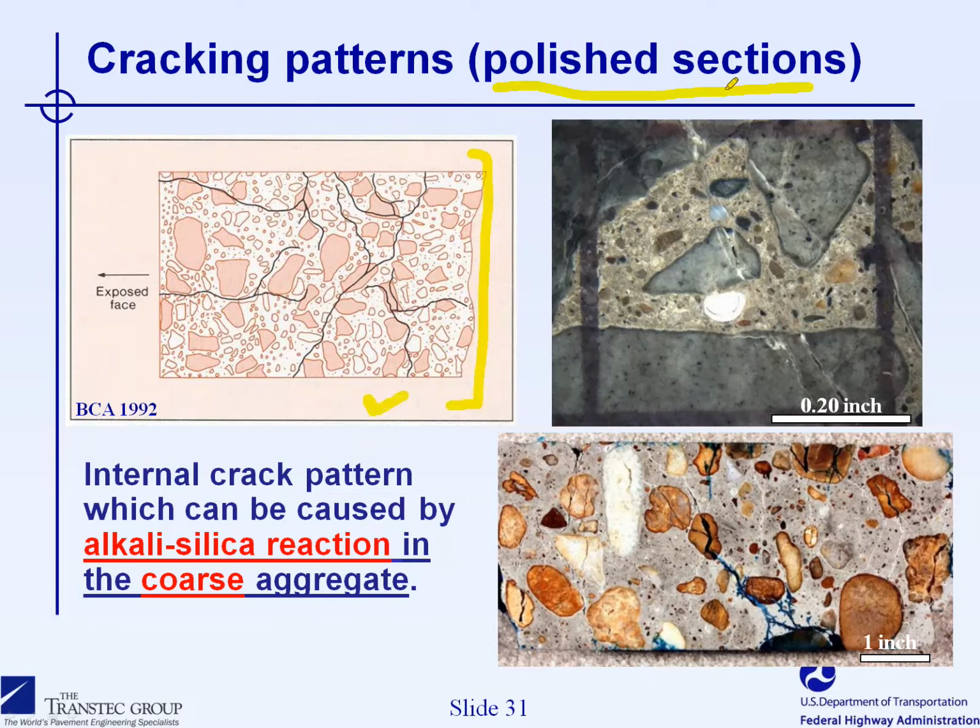So the use of polished sections that are obtained from cores extracted from the structure will actually provide an opportunity to evaluate the cracking pattern, as you can see here. So quite typically, when ASR is present in the coarse aggregate particle, there would be a specific pattern of cracking that can be observed.